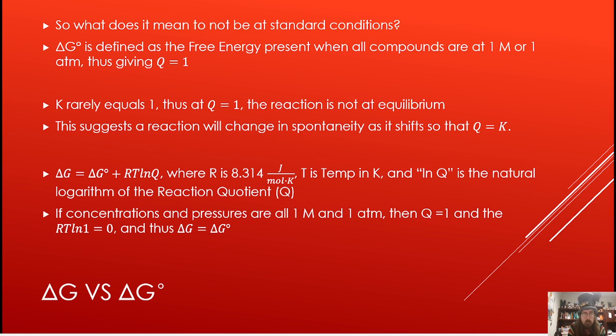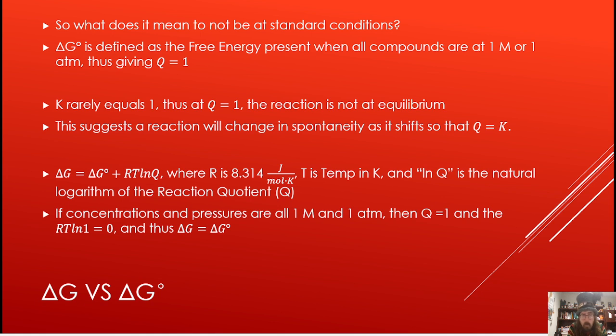It becomes more spontaneous when you add reactants. When you add products, ln Q becomes positive because the natural log of a number greater than 1 is positive, and so your Gibbs non-standard becomes larger. So when you add products, a reaction becomes less spontaneous based on this natural log of Q.